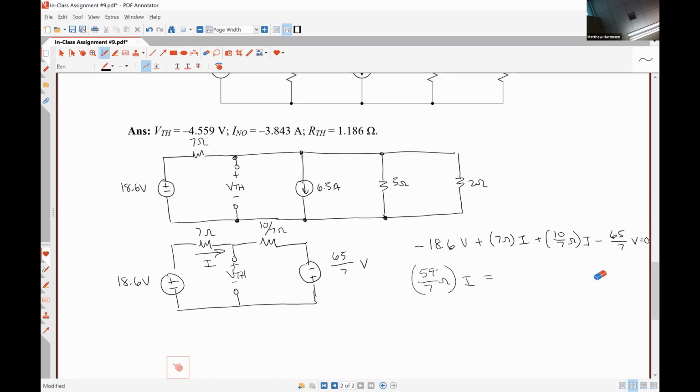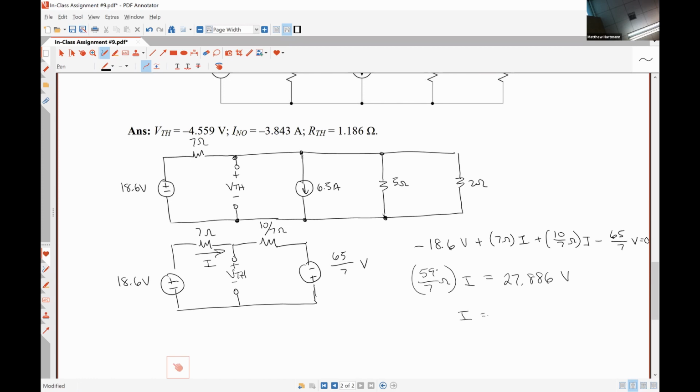All right, so 65 over 7 plus 18.6 is 27.886 volts. So I is 27.886 divided by 59 over 7.